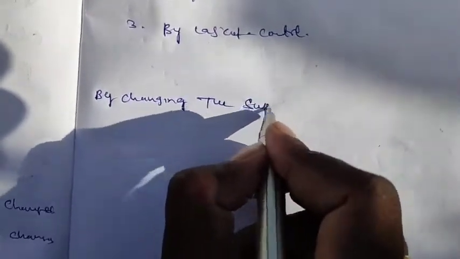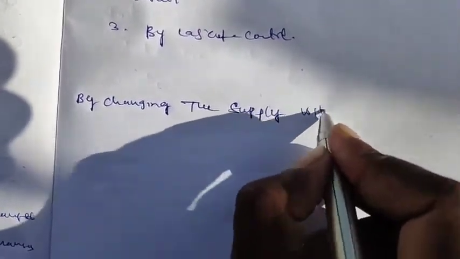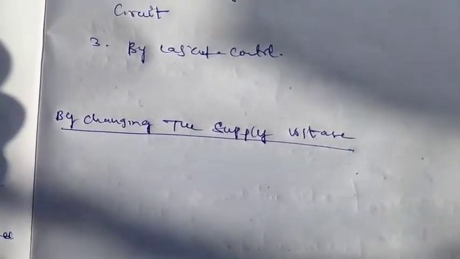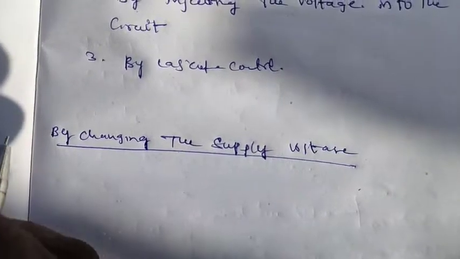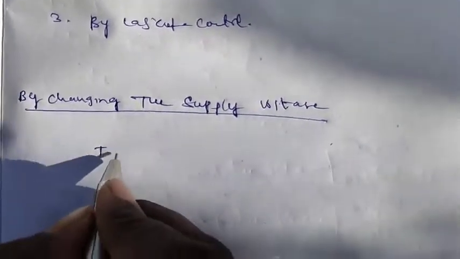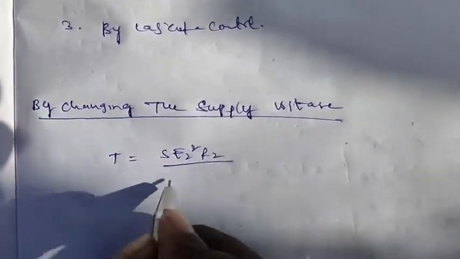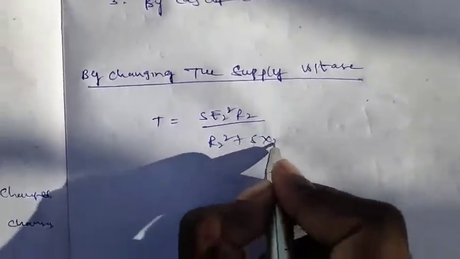Now on the stator side, I can see the method of changing the supply voltage. The torque developed in the induction motor is T equals s E2 square R2 divided by R2 square plus (s X2) square.